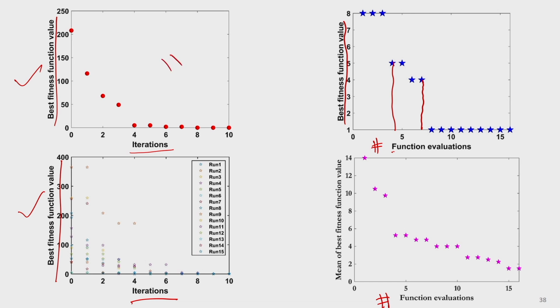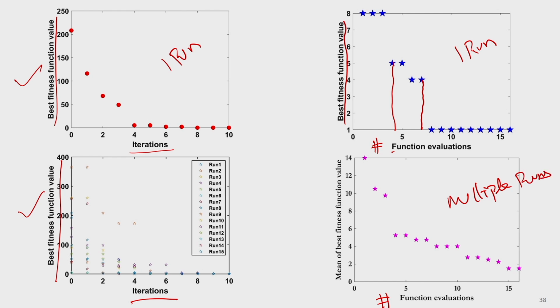This plot is for one run, right, and this plot is also for one run, right. So, if I have multiple runs, I will have multiple such curves, right. So, the average of that curve is nothing but this curve. So, this takes care of multiple runs, right.